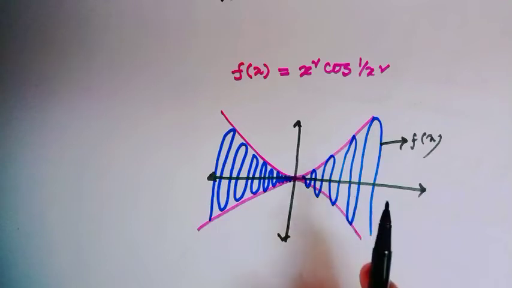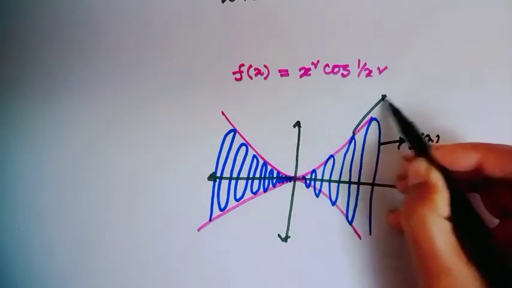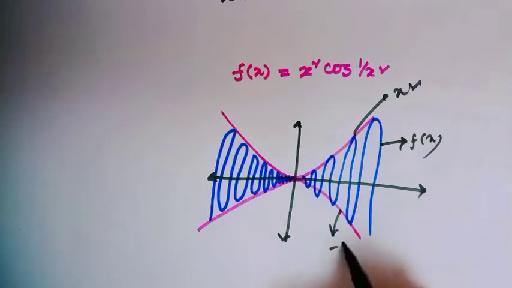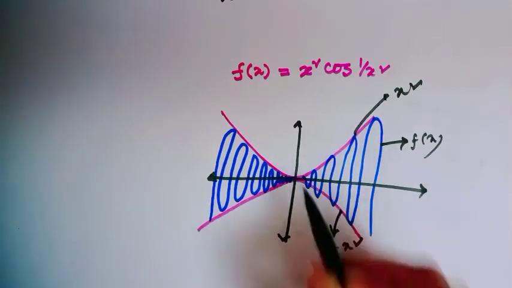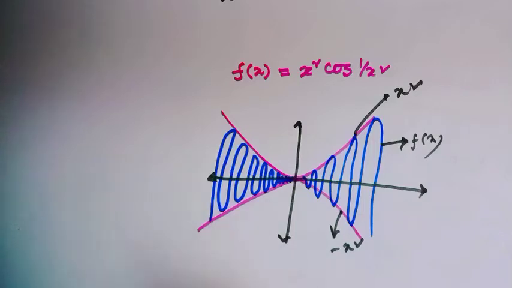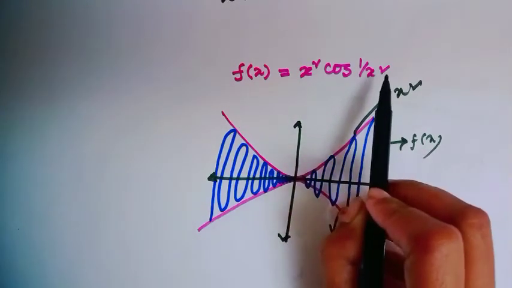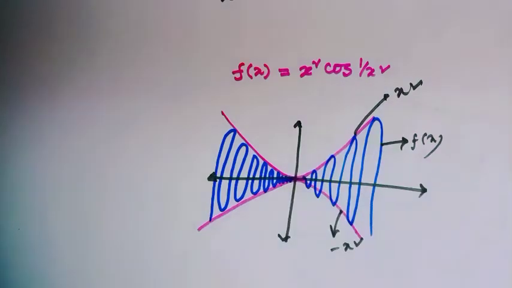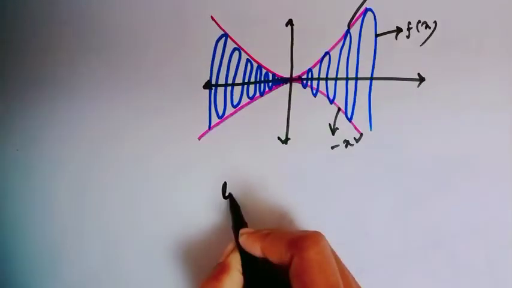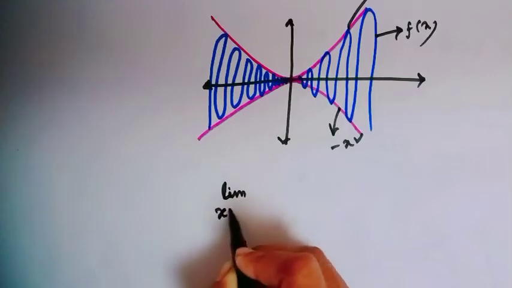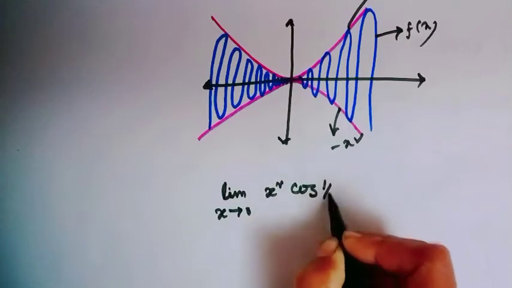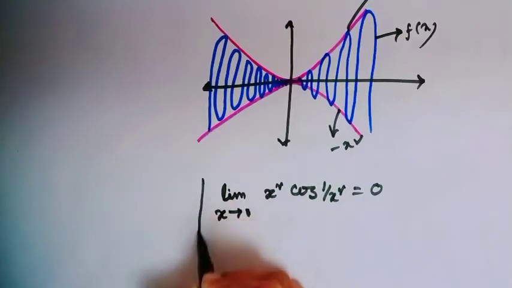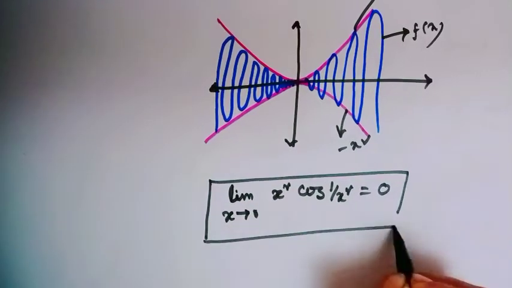This function is squeezed between x squared and minus x squared. Notice x squared and minus x squared both approach 0 when x goes to 0, and cos(1/x squared) is bounded. So by the squeeze theorem we can easily tell the limit as x goes to 0 of x squared cos(1/x squared) equals 0. Are you getting my point?